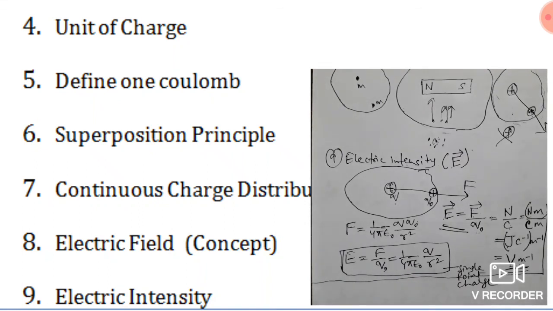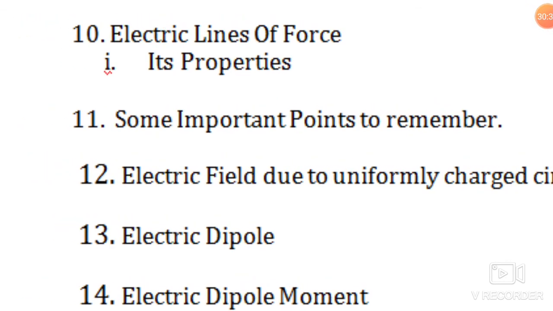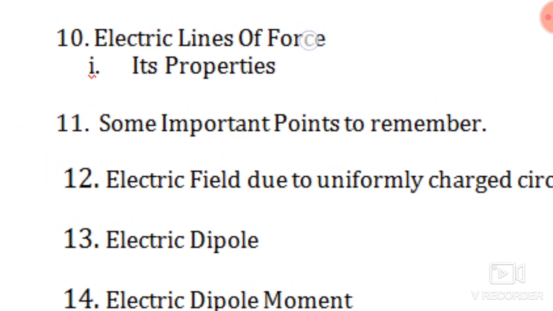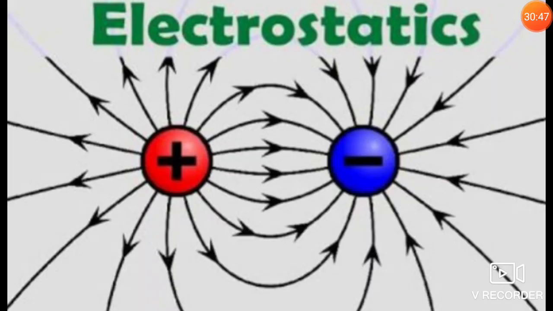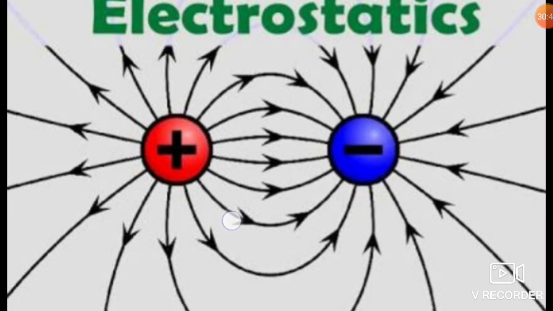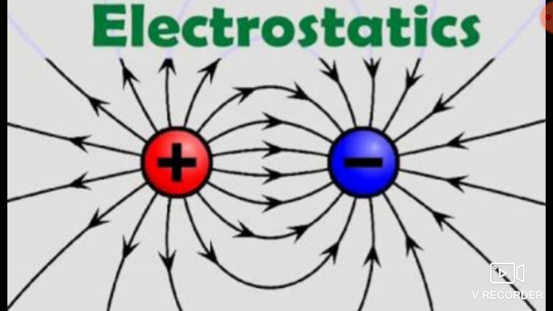Now let us discuss point number 10. Point number 10 is electric lines of force. So what is electric lines of force and what are its properties? Let us discuss. We can see it from the diagram. These lines of force are called electric lines of force.